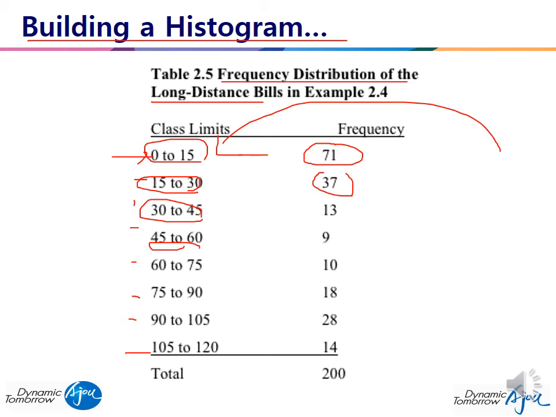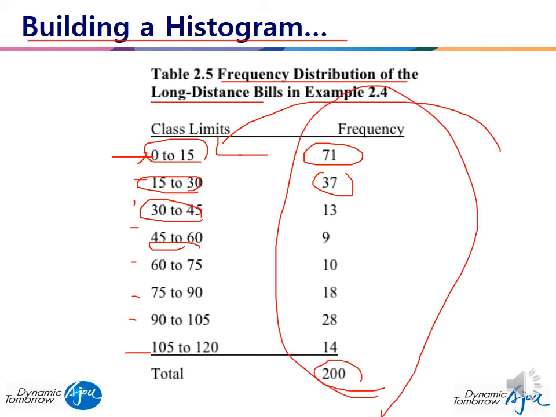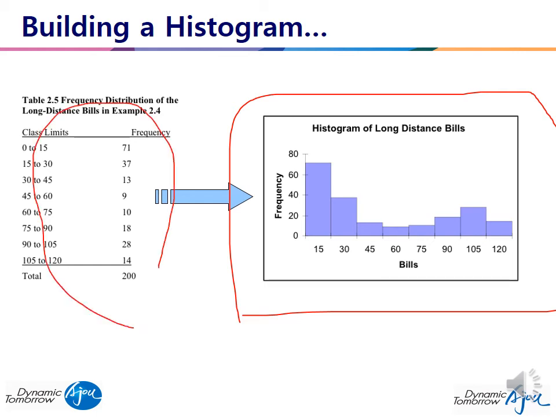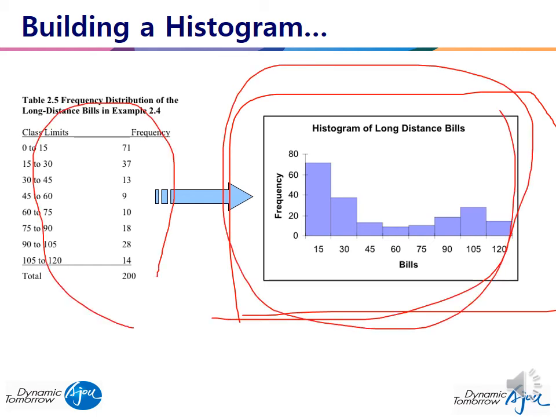Then frequency: 71, 37 from here. So all is 200. That's the frequency distribution. Based on this, we can create this histogram. From a frequency distribution, we can create a histogram.